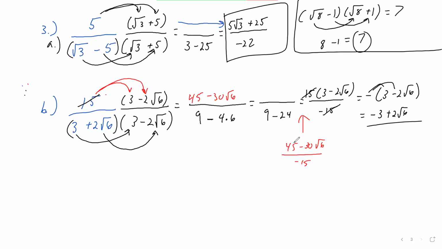So 45, 30, and 15 all have 15 in common. So I would divide by 15 on top and bottom. 45 divided by 15 is 3. 30 divided by 15 is 2. Can't do anything with that radical. And then 15 divided by 15 would be negative 1. And that negative would basically just change all the signs. And you get to the same conclusion.